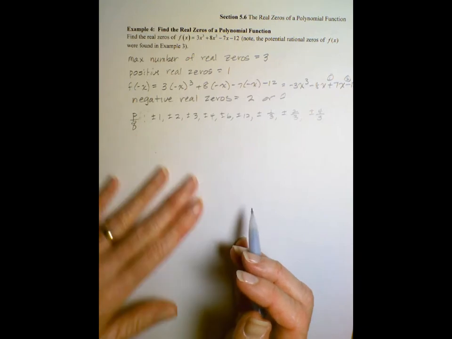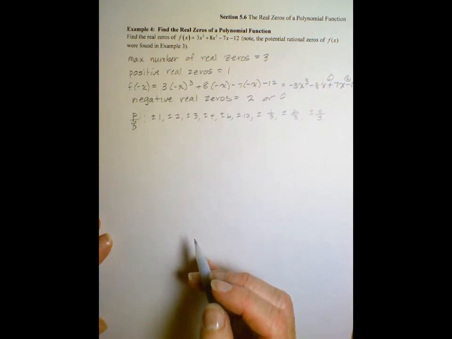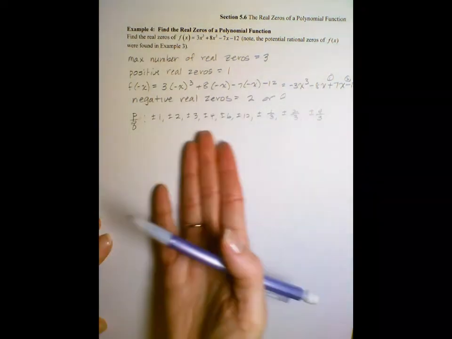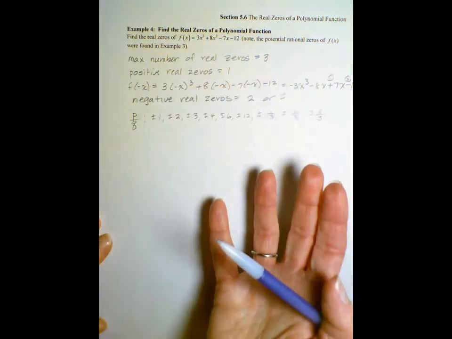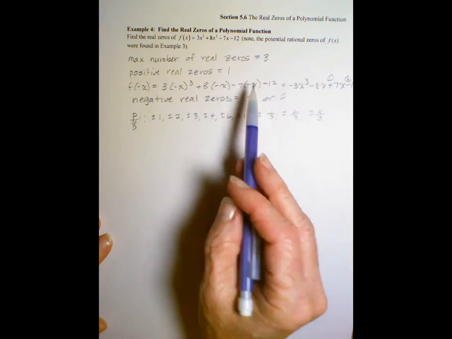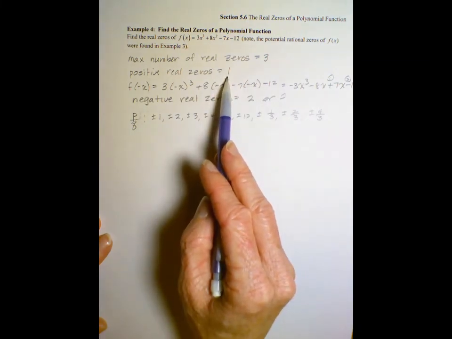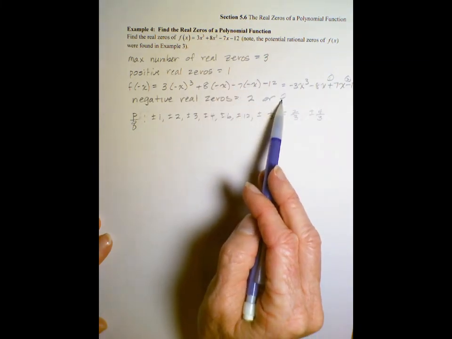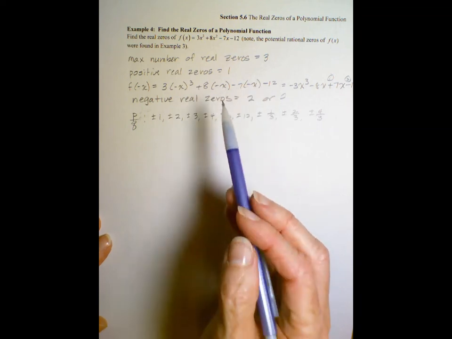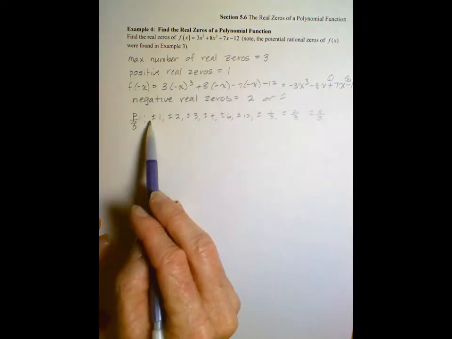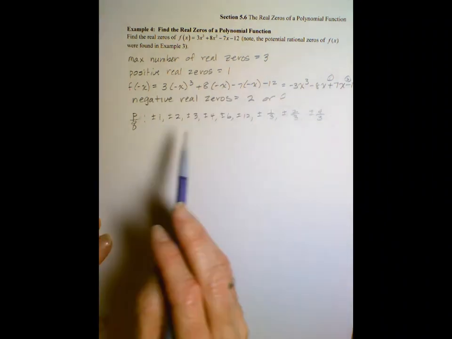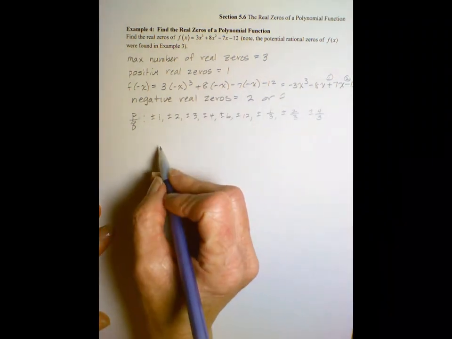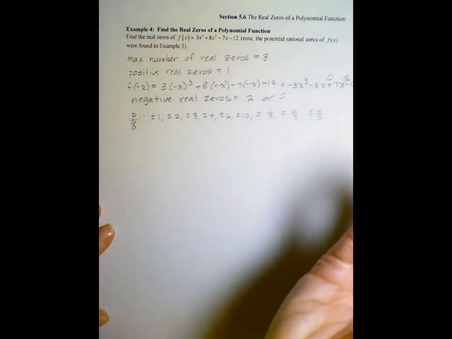Okay, then it says we're going to use synthetic division. We just have to start with a number from that list. I know I only have 1 positive, I have 2 negatives, but I might not have any. So it's just wherever you want to start.